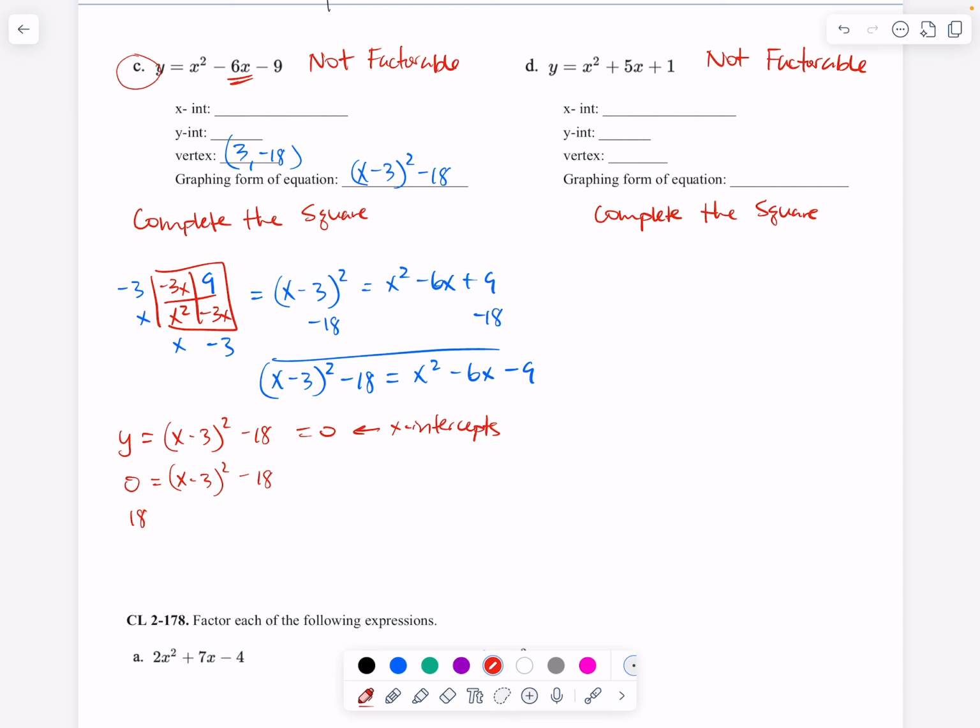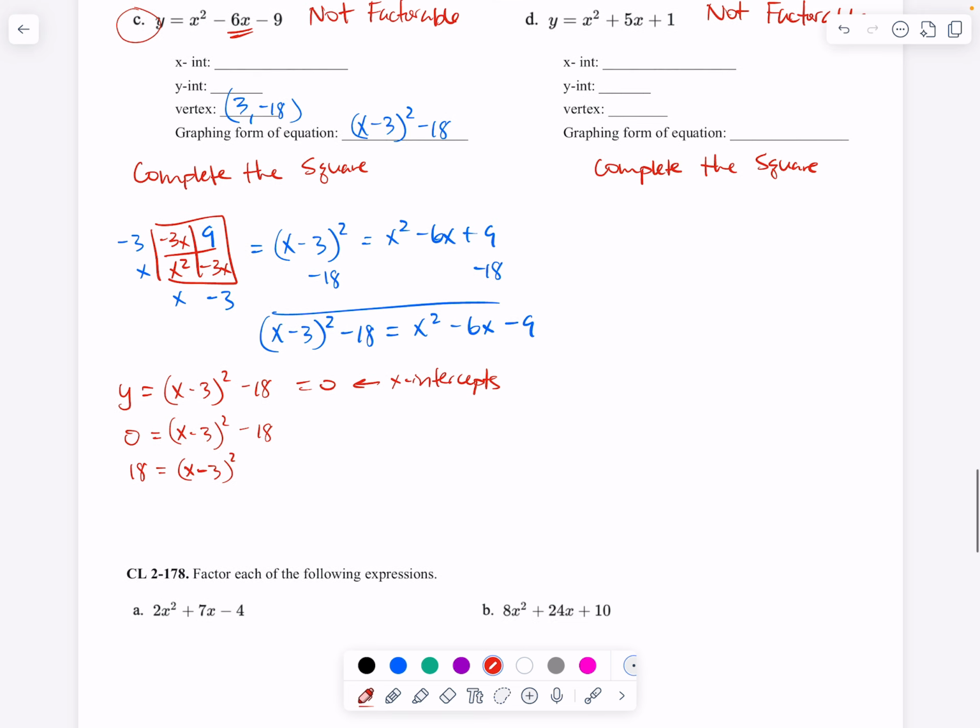That means that 18 is equal to x minus 3 squared, which means that there's two possibilities. And I'm going to just call it the square root of 18 because it's not a perfect square. So either this is equal to x minus 3, or the negative square root of 18 is equal to x minus 3. And so my first x-intercept is that x equals 3 plus the square root of 18. And my other one is that x equals 3 minus the square root of 18.